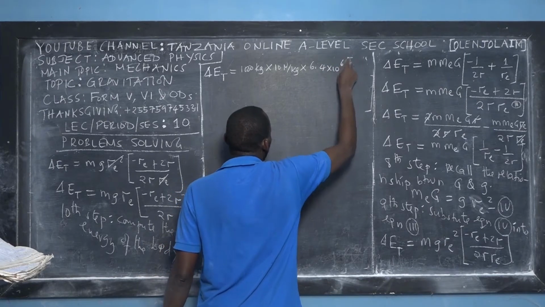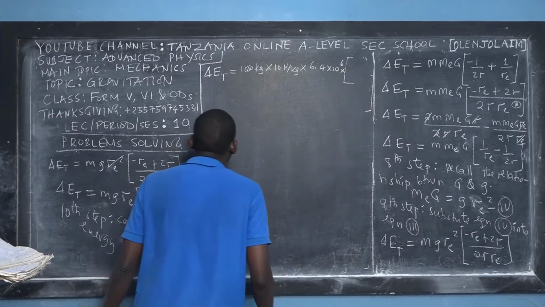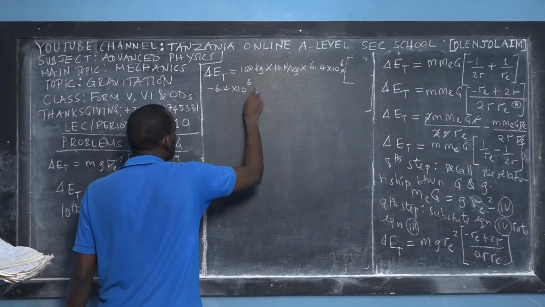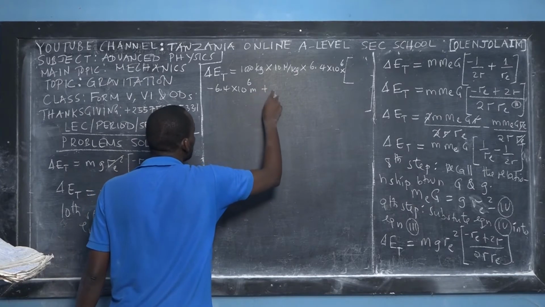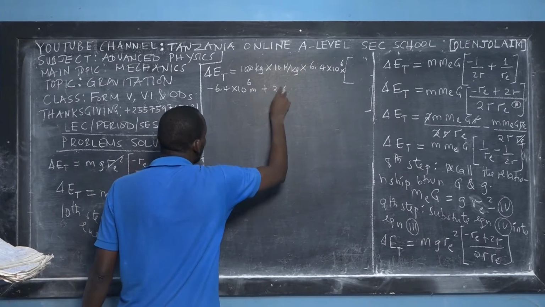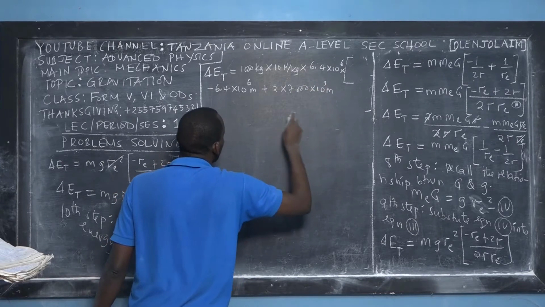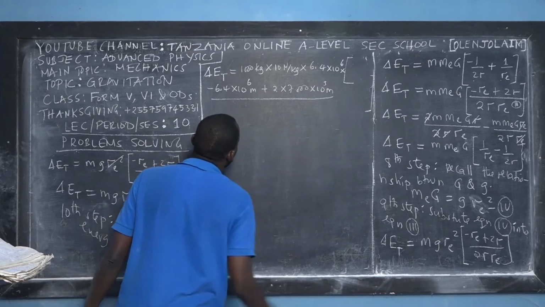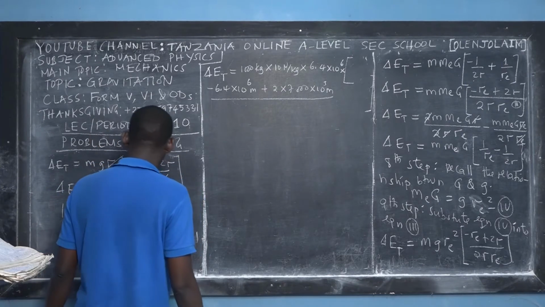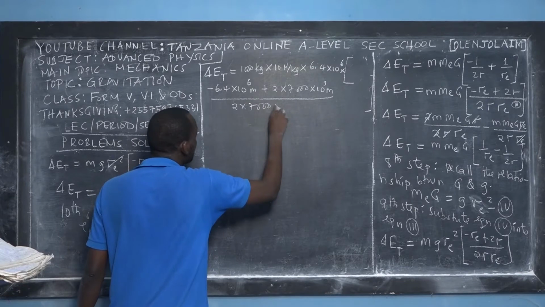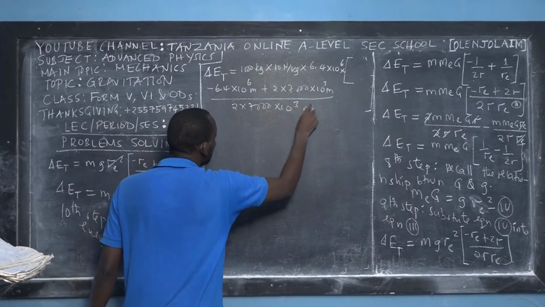And then we multiply with what you have in the bracket, which is negative 6.4 exponent 6 meter plus twice times 7 exponent 6 meter, and then the denominator that we have is twice times 7 exponent 6 meter.